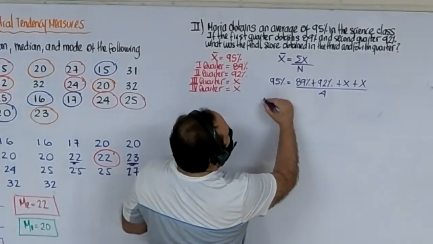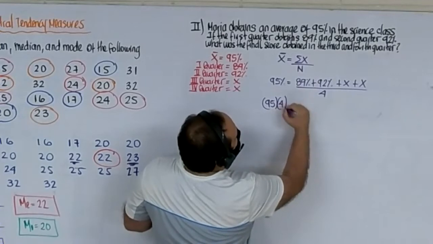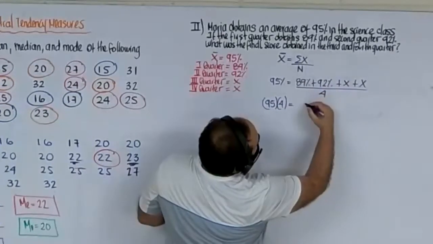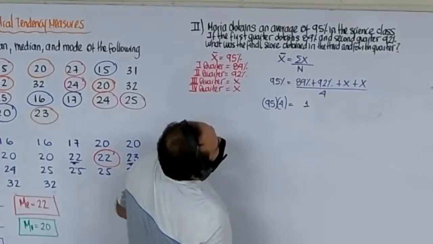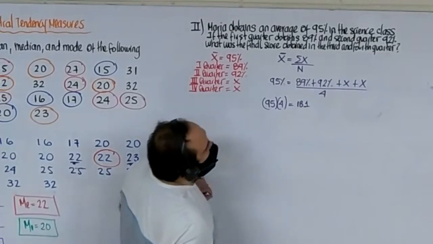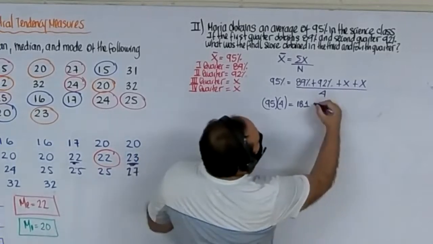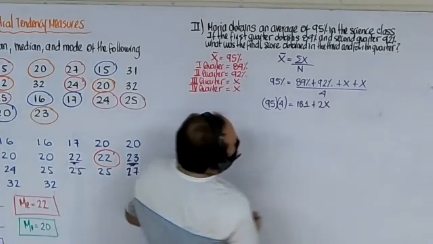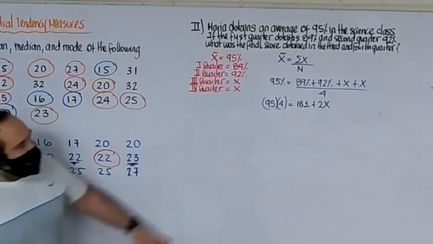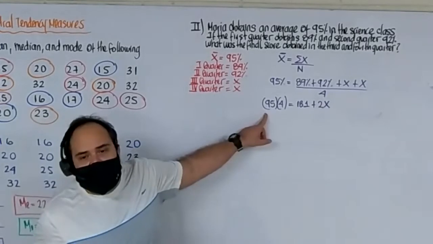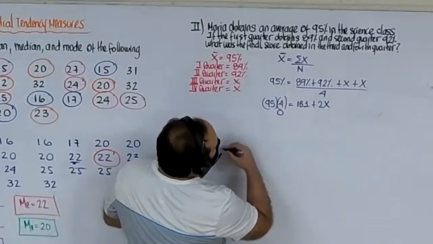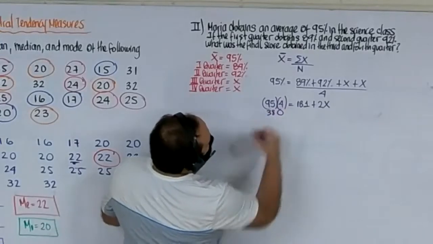We got 95 times 4 equals 89 plus 92, which is 181, plus 2x. Yes or no? All right. Now, 95 multiplied by 4 will be 380, right?